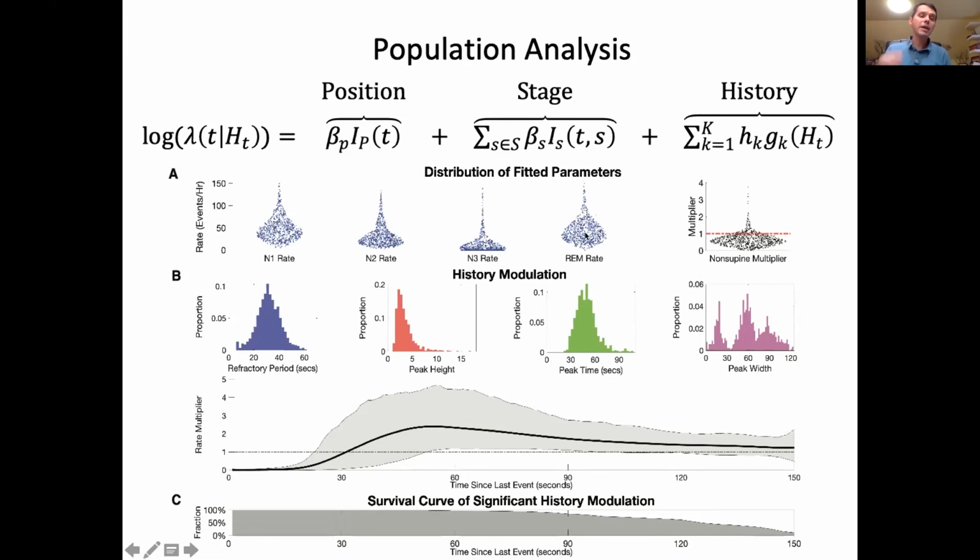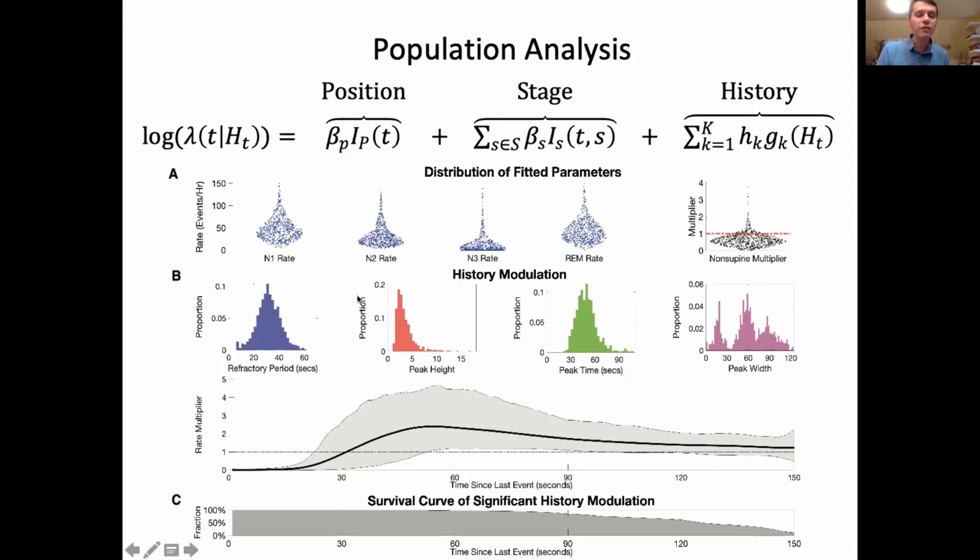But one thing that might not be as obvious is that you have this kind of skewed distribution where you have tails that can get quite large for each one of these sleep stages. You also have a multiplier for non-supine versus supine sleep, where the vast majority is less than 1, suggesting a reduction in respiratory events during non-supine sleep.